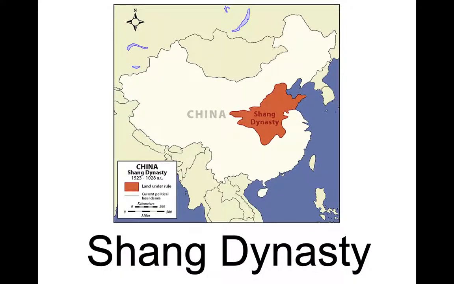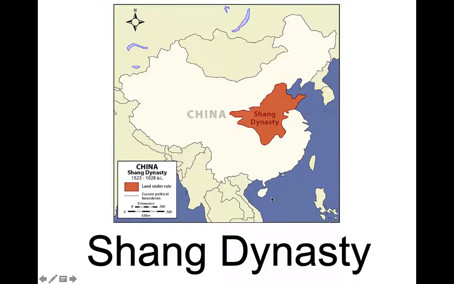So here is a map of the Shang dynasty. What it's showing you is the outline of modern day China. This is Mongolia, we have Russia, North and South Korea, Taiwan, the Philippines start over here, here's Vietnam, Nepal, and over here is India. And so what it's asking you to do is look at the orange section. It tells you in the key that that's the land under the rule.